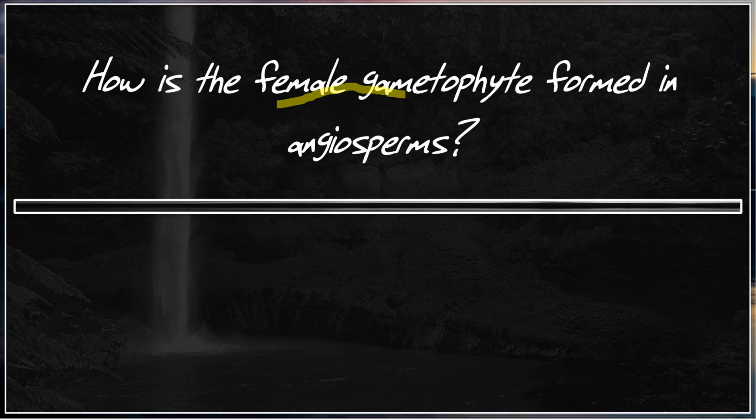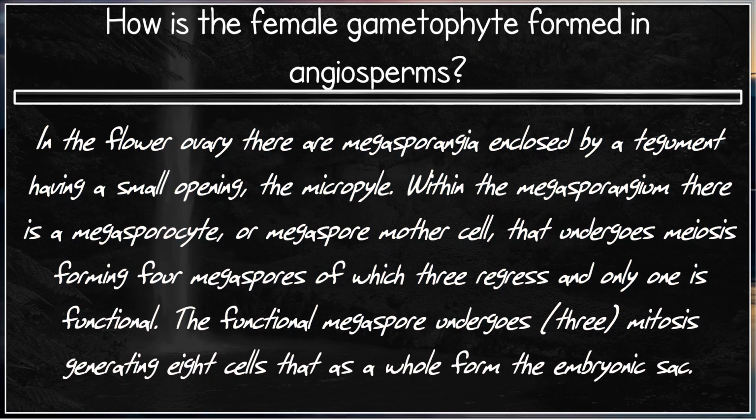How is the female gametophyte formed in angiosperms? In the flower ovary, there are the megasporangia, enclosed by teguments, having a small opening, the micropyle.